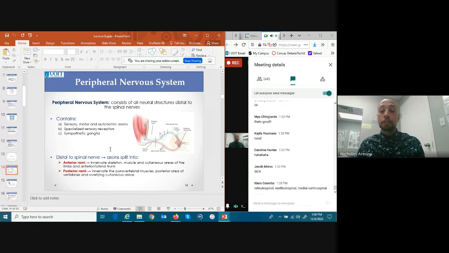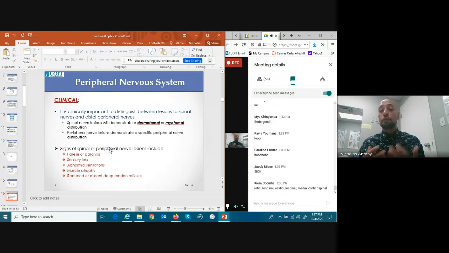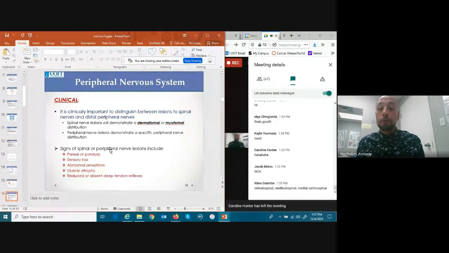Then the last half of the lecture was talking about the peripheral nervous system. We talked about how the nerves, when they exit the spinal cord, recombine to create all of the peripheral nerves in our body. Peripheral nerves are the ones that typically get injured, because they can get injured peripherally.